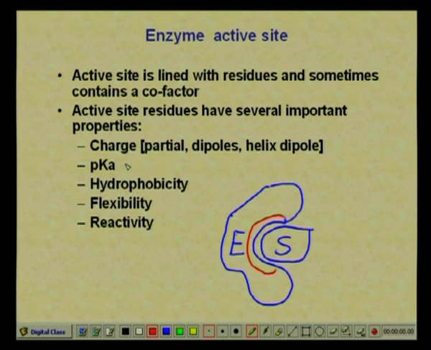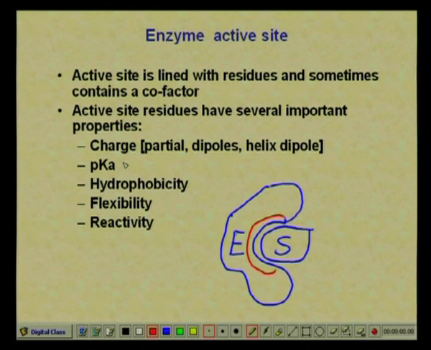Now, if you remember when we studied amino acid properties, I mentioned that the pKa and the hydrophobicity are very important properties. Why? Because the pKa is going to determine whether you have a protonated or a deprotonated or a zwitterionic form of your amino acid.